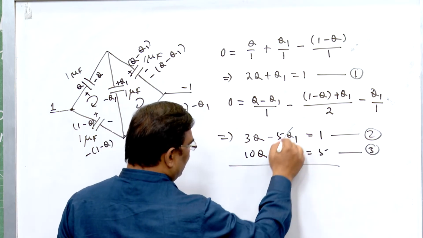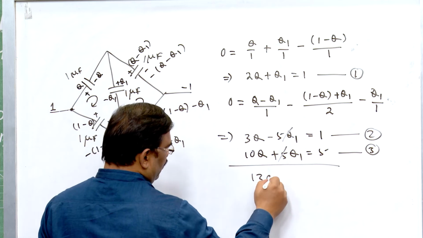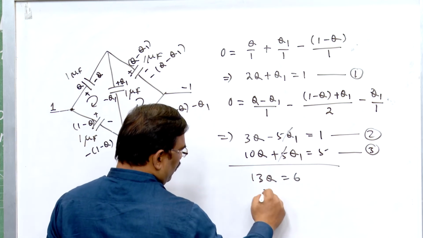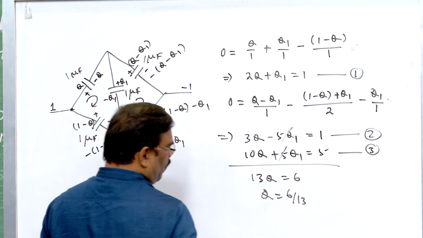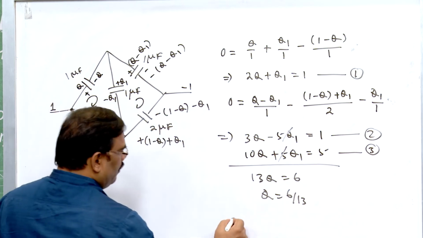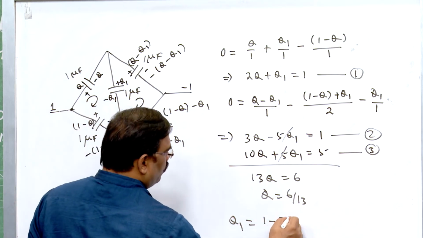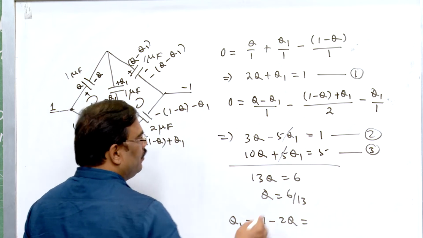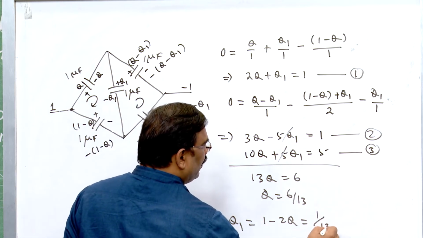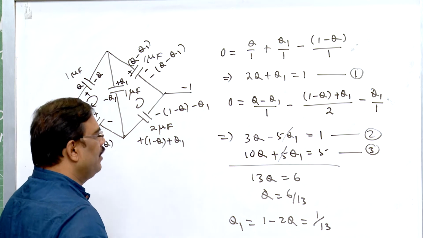Now solving this, you will get 13Q equal to 6. So, Q equal to 6 by 13, and similarly the value of Q1 is 1 minus 2Q, which is 1 by 13.